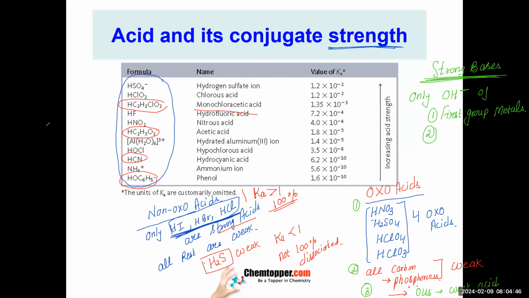And two from second group. Calcium 2 plus and barium 2 plus. Only these are strong bases.